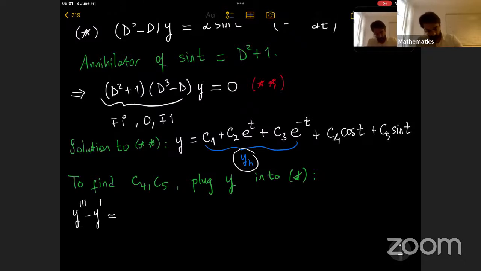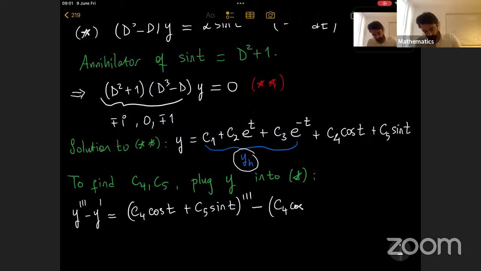The other part will give you the following: the third derivative of C4 cosine t plus C5 sine t, minus the derivative of C4 cosine t plus C5 sine t. This must be equal to the right-hand side of the equation, which is 2 sine t.